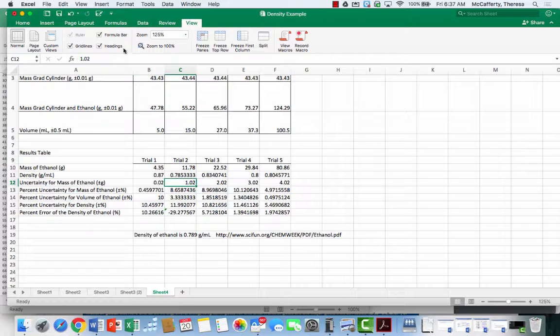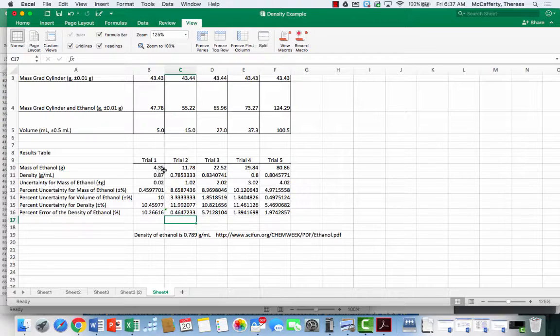That's not where I wanted to go. Hang on, I'll get there. So here, instead of C11 minus 0.79, I want that minus C11, and I'm going to get rid of that first part, and that just makes it a positive. All right, this little triangle thing tells you that the formula in this cell is different than the other ones.